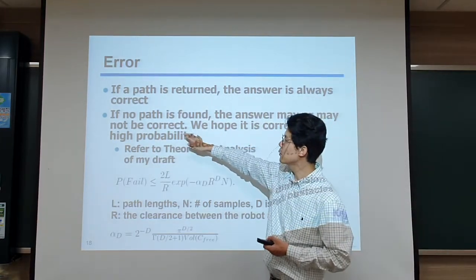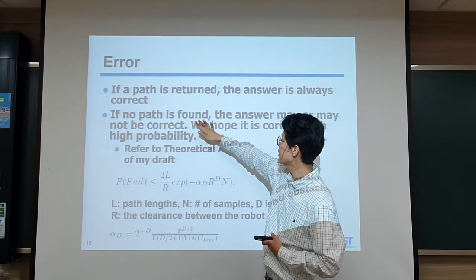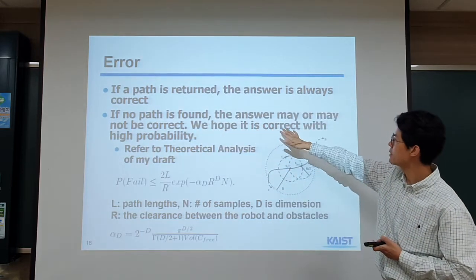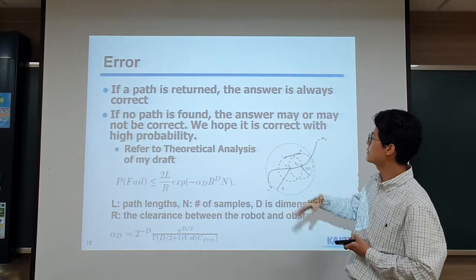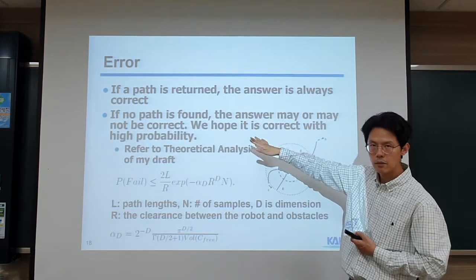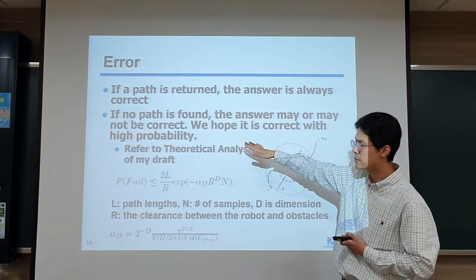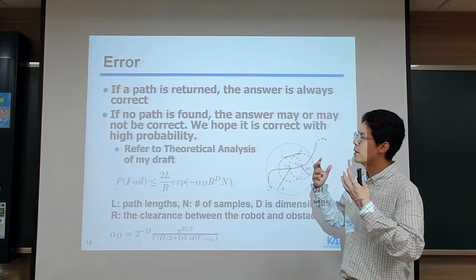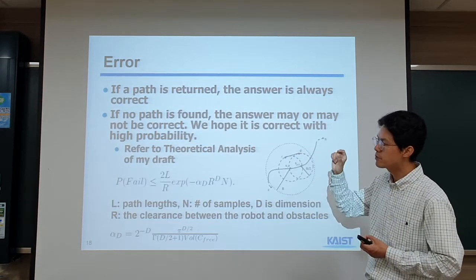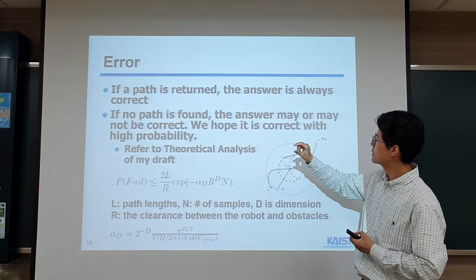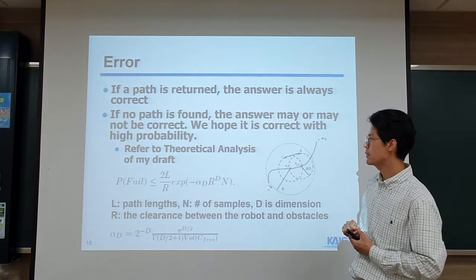But if we are not able to find a path, then the answer may or may not be correct, right? Overall, we hope the answer is correct with a higher probability, right? Then any PRM technique should prove what the probability is of having the correct solution, right?